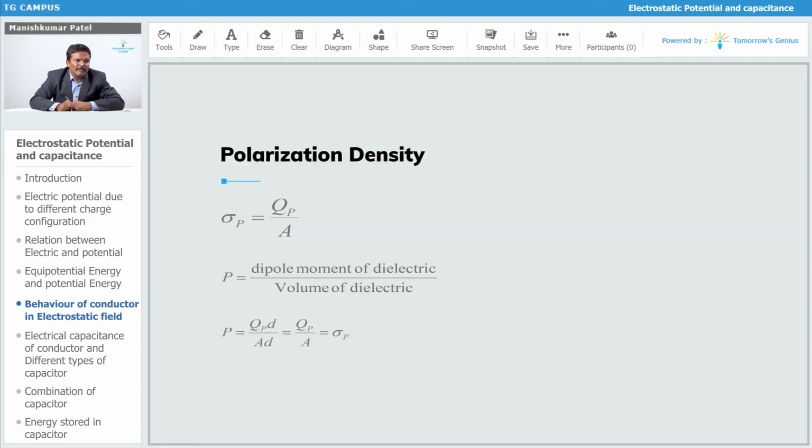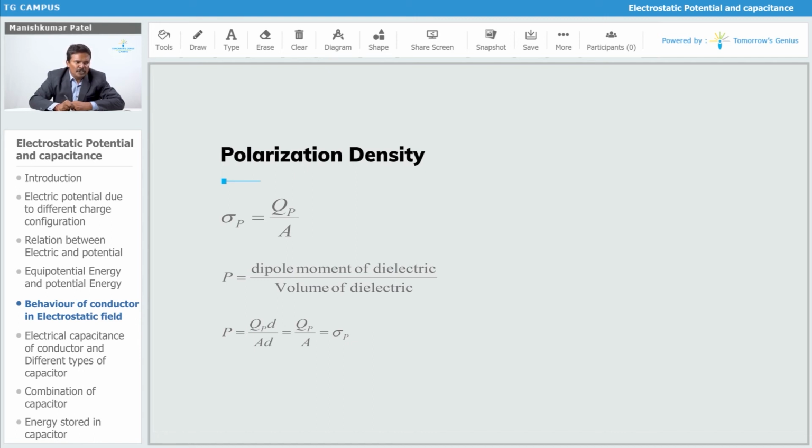So this sigma p, you can write as Qp upon A. We know the dipole moment of the dielectric is Qp into d, upon A into d. This d will get cancelled, and you can write it as Qp upon A, which is your sigma p.